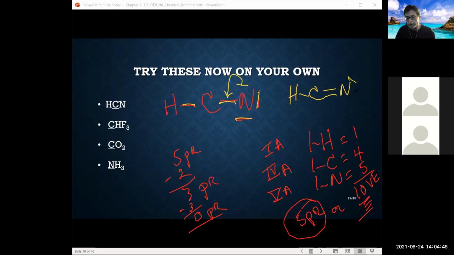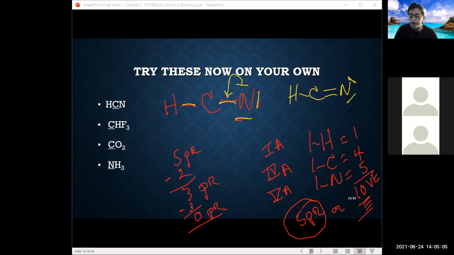I still got 2 lines left, okay? Go back and do an inventory. I can't overemphasize that, because this is where you can lose pairs and then you got a mess. So go back, still got 10 valence electrons with 5 pairs. I got 1, 2, 3, 4, 5. So I'm still good to go.